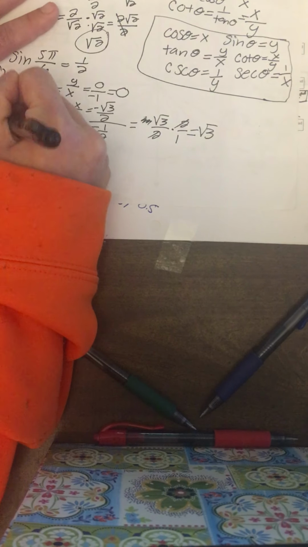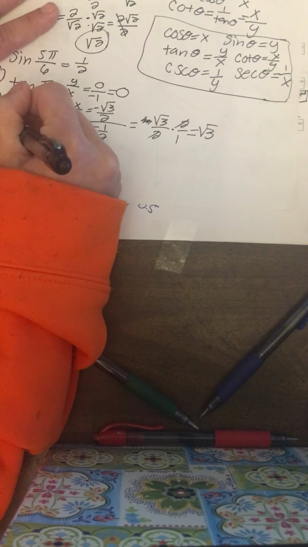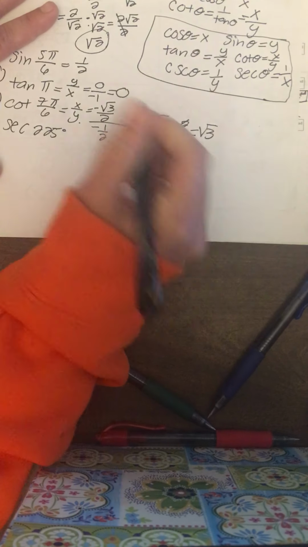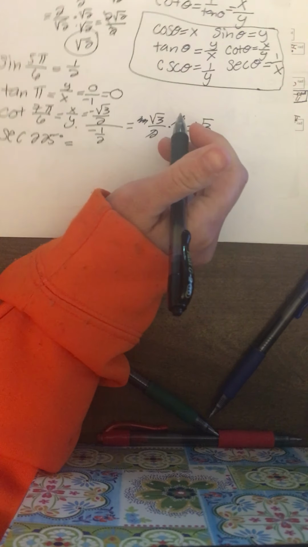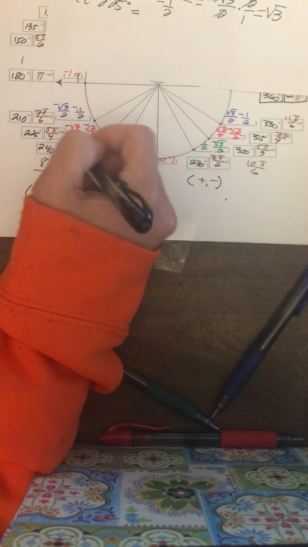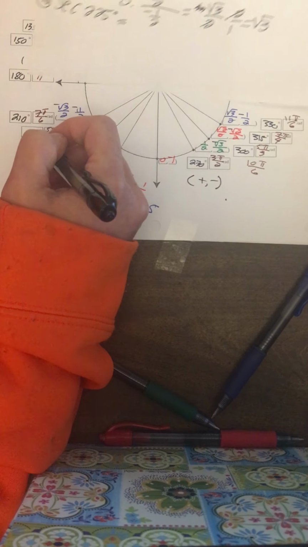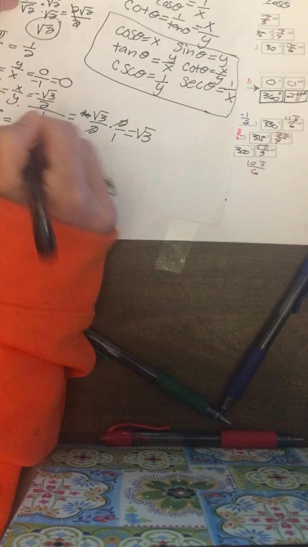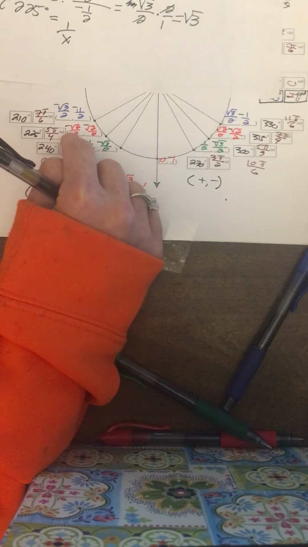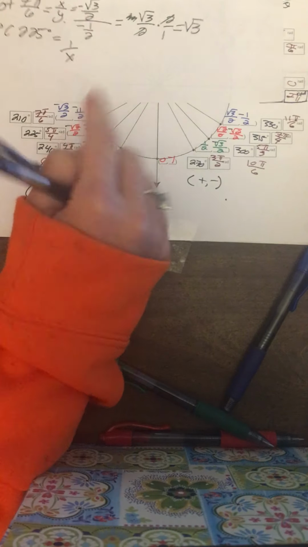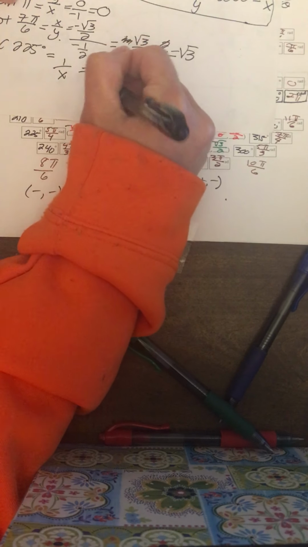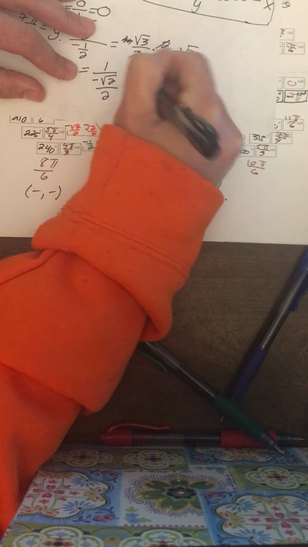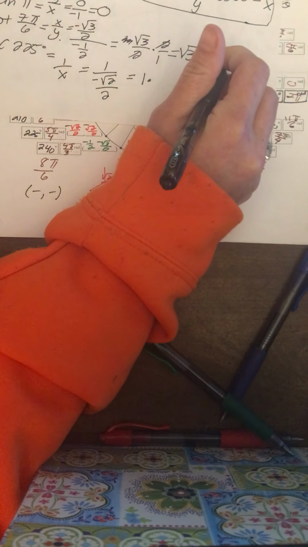Okay, number 10 is the secant of 225 degrees. Okay, so we go over here, we go to 225, which is here, and secant, remember, secant is 1 over x. So at 225, x is negative square root of 2 over 2. So that's 1 divided by negative square root of 2 over 2. And when we divide by a fraction, we multiply by the reciprocal.